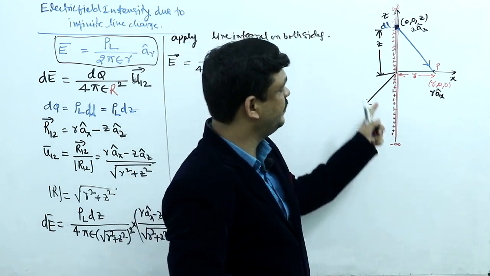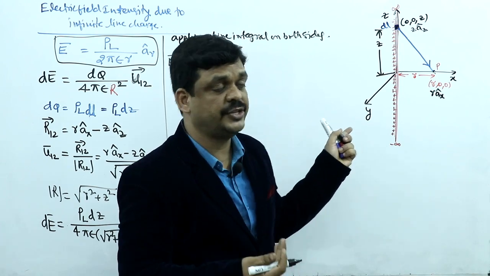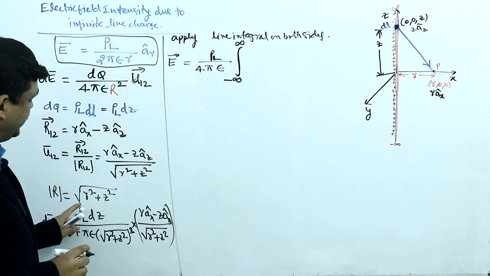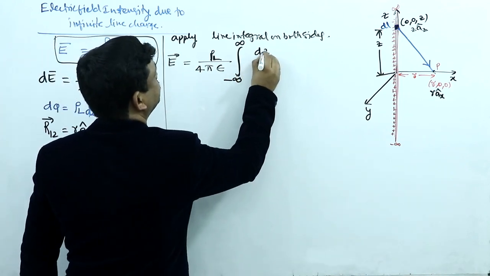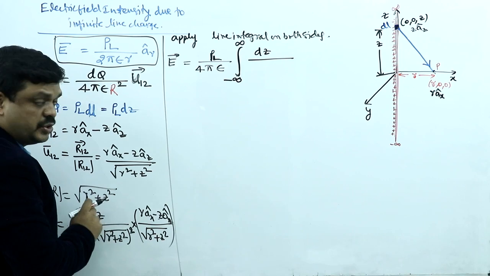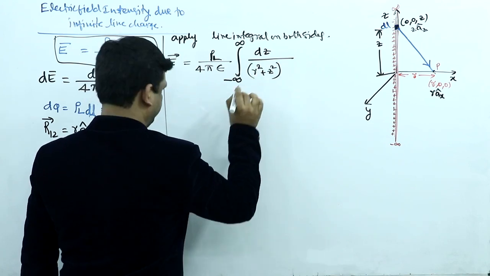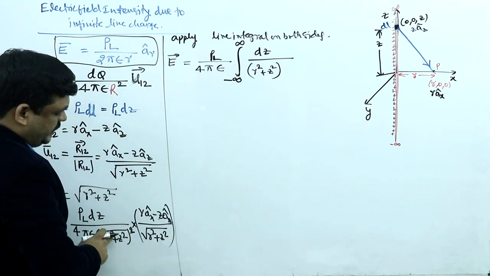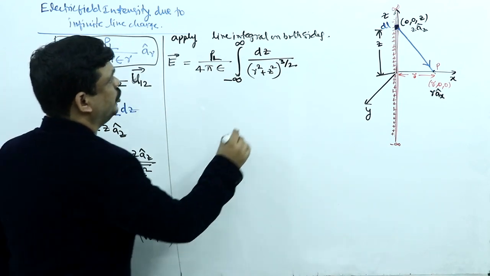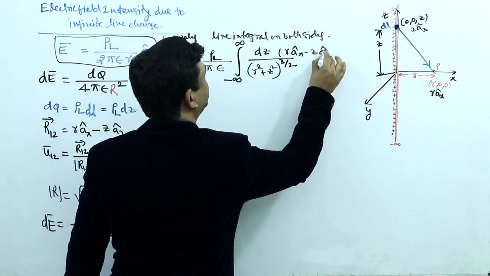The z limits are from minus infinity to plus infinity, because we have to take an infinite line charge. So the limits are minus infinity to plus infinity, dz by r square plus z square, the root and the whole square together give the power 3 by 2, into the unit vector r into ax minus z into az.